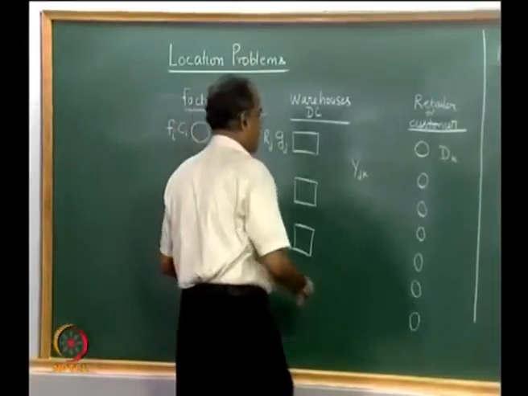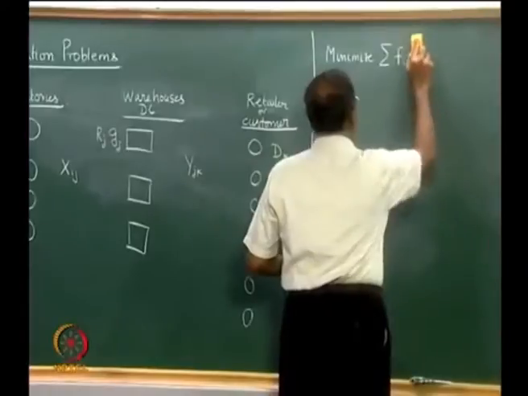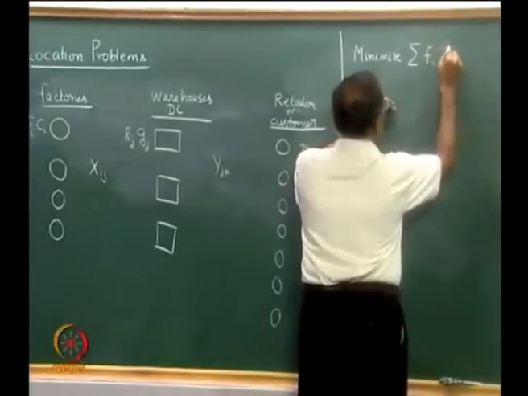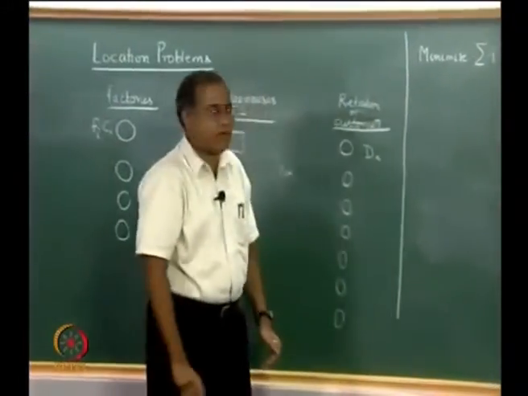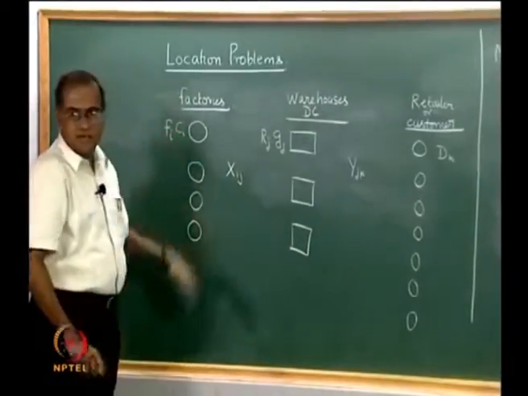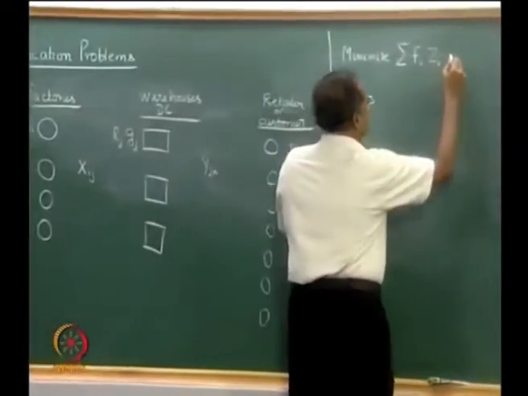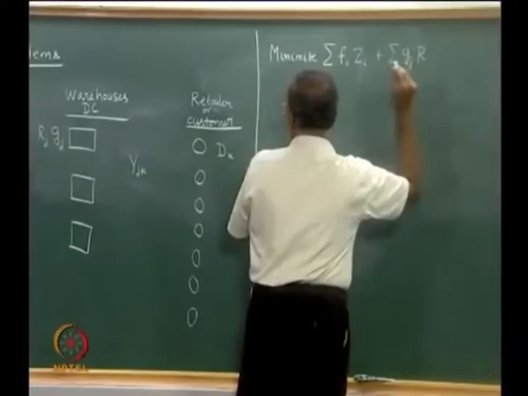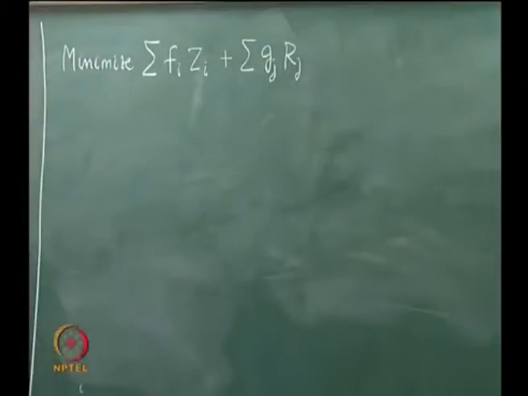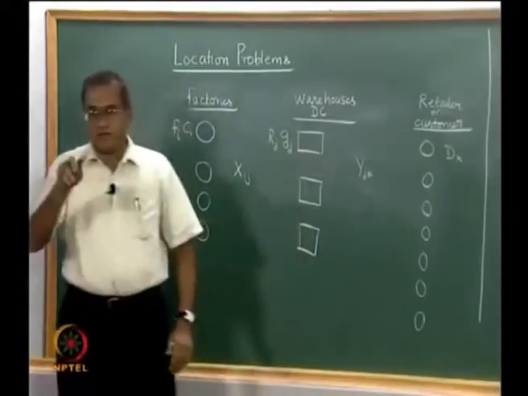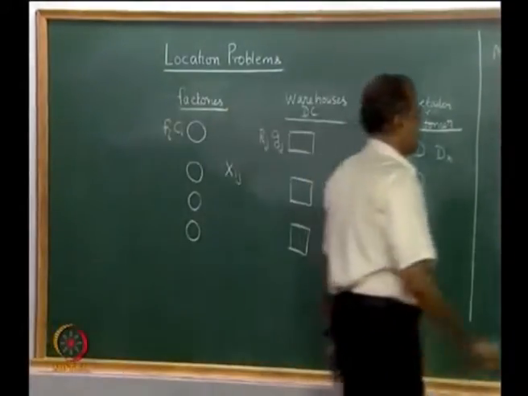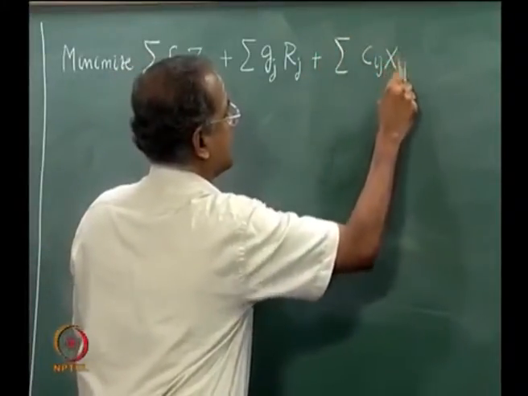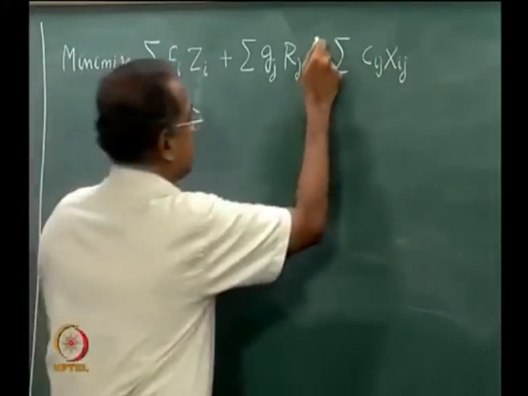Now, let us not call it Yi, let us call it as X, Y, Zi. So, Zi equal to 1 if we locate a factory in place I, plus Gj Rj, where Rj equal to 1 if we locate a warehouse in place j, plus Cij Xij, one more summation.